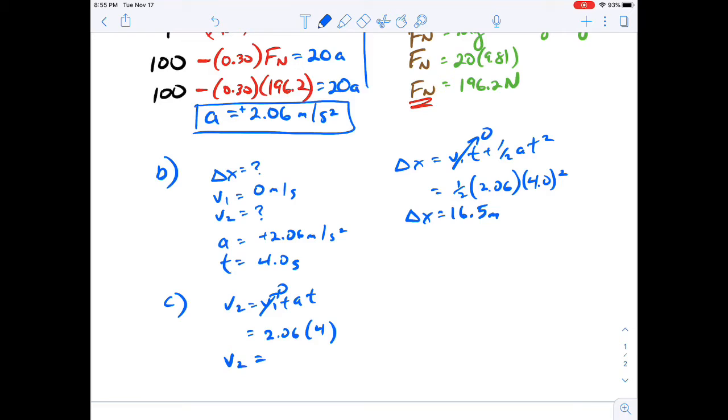And velocity 2 would be equal to 8.24 meters per second. So that is our answers to the second and third part. I hope this problem made sense.